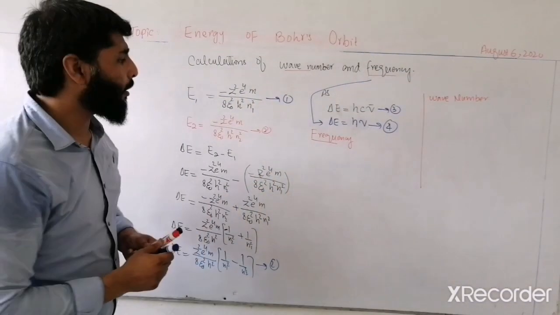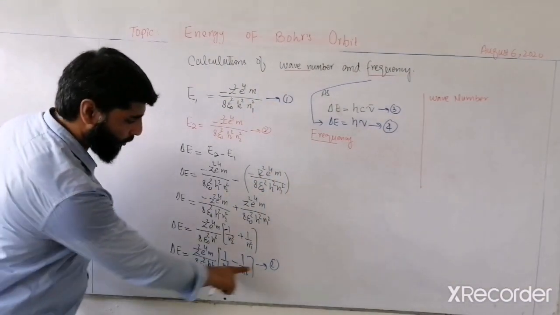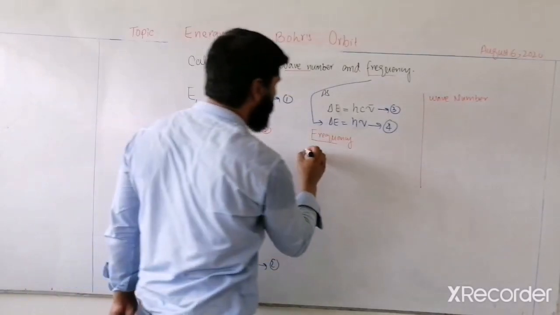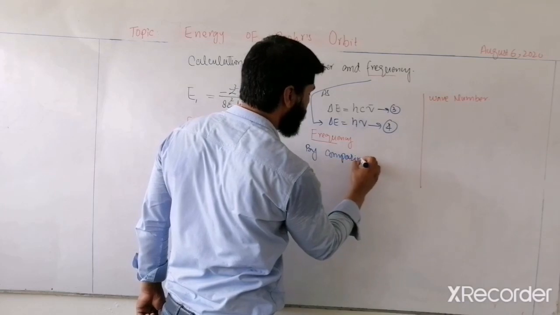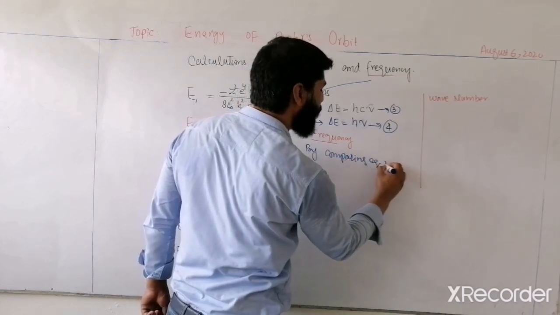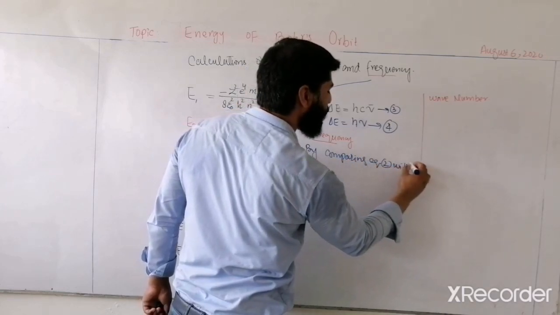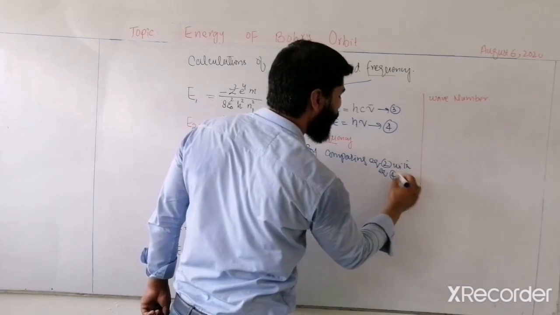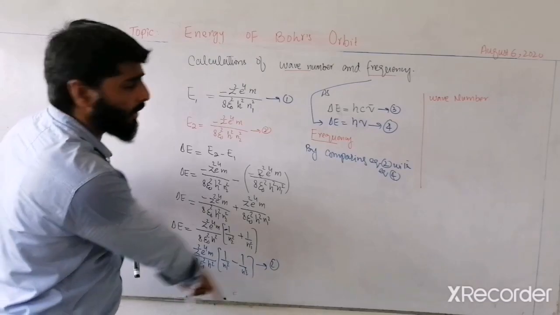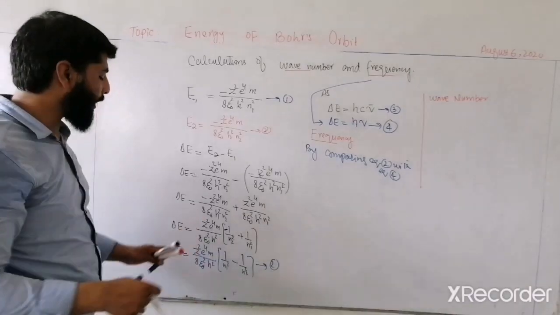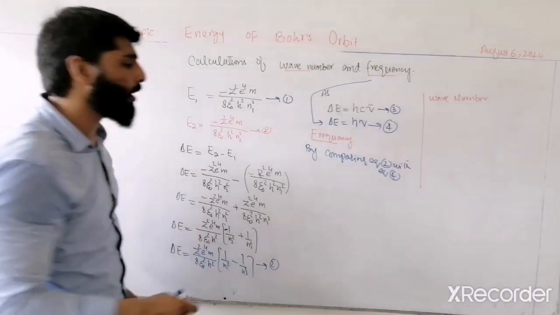For frequency, you can compare the delta E equation with the h nu equation. We get, this is the value of delta E, this is the value of delta E. Both left sides are equal, so the right sides will also be equal.